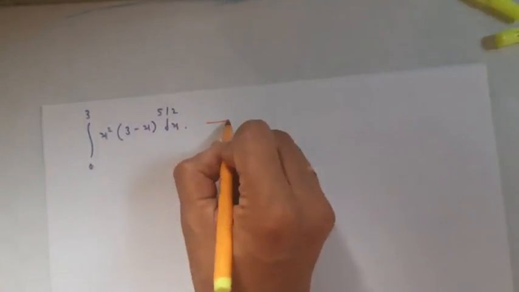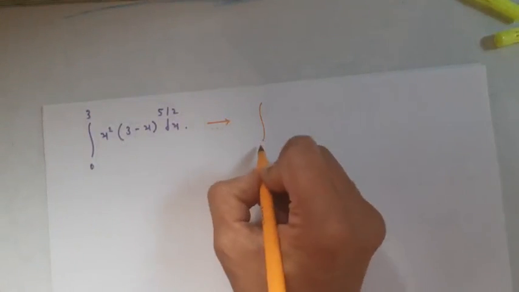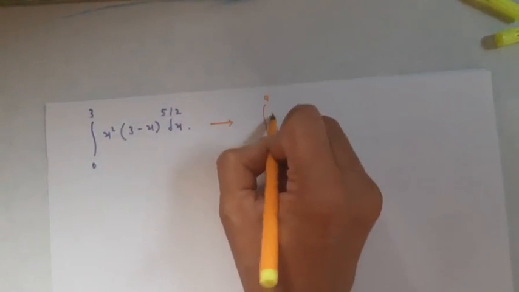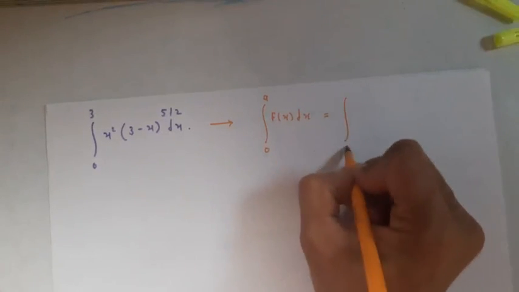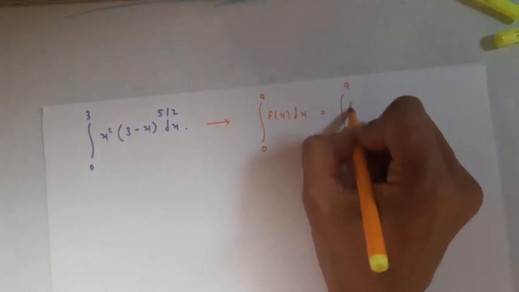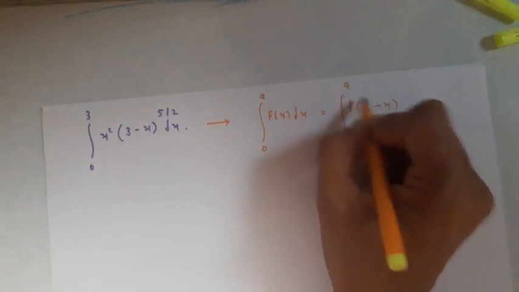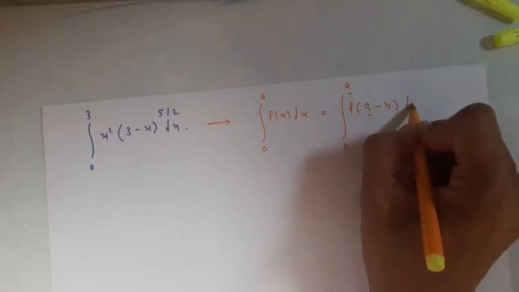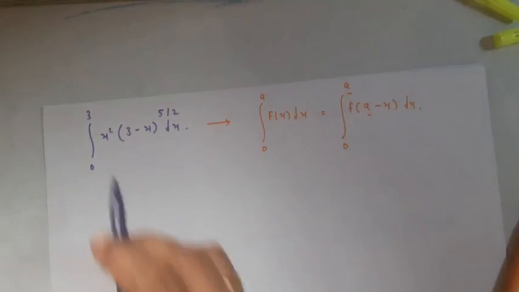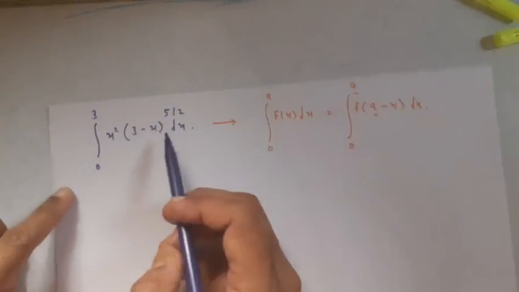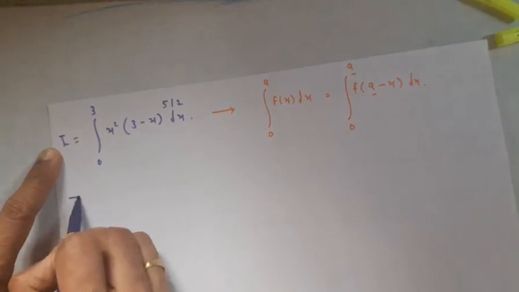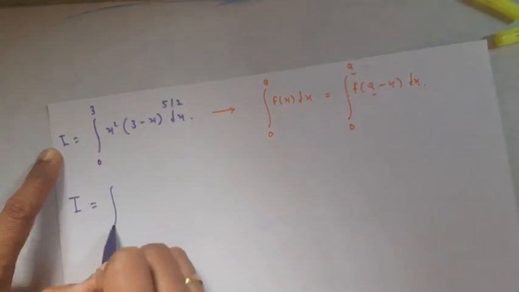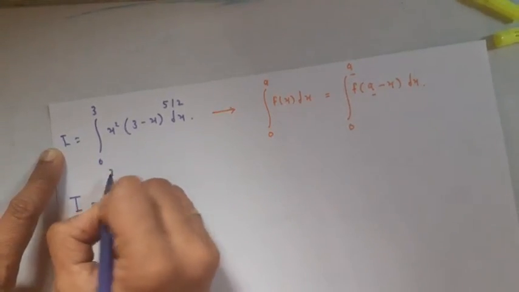Okay. So students, we have proved the property, that is 0 to a f of x with respect to x equal to 0 to a f of a minus x. In this way we can express. So if we express by using this property, then our integration I equal to 0 to 3.